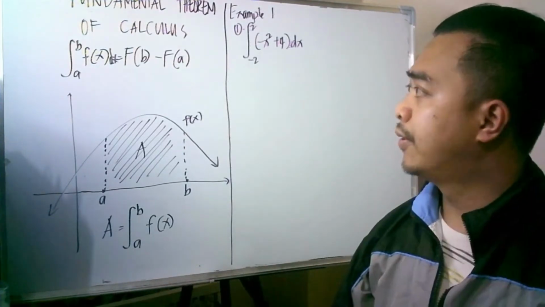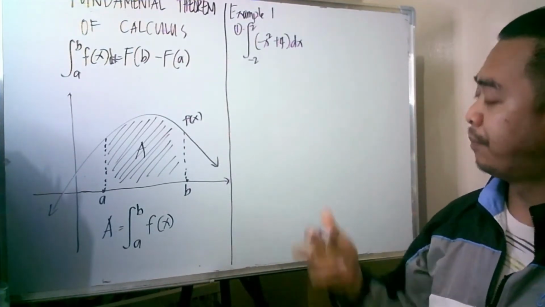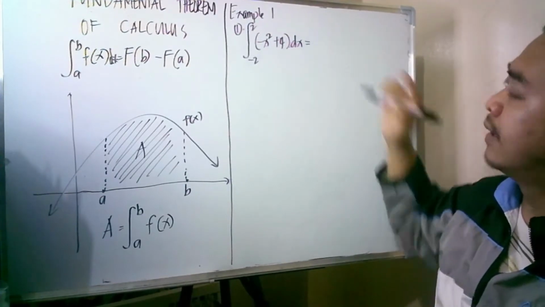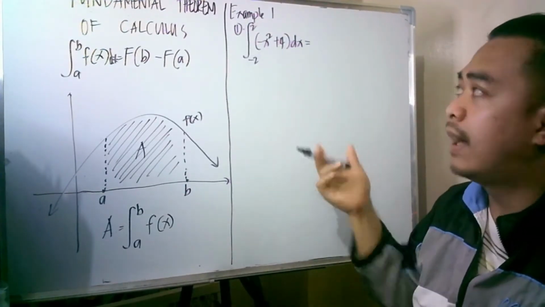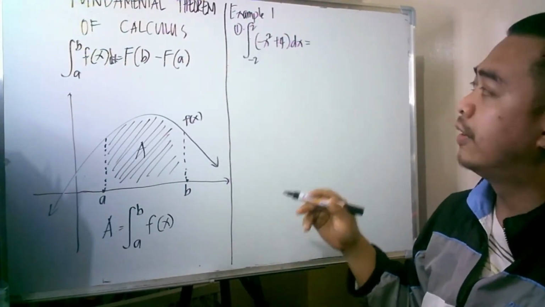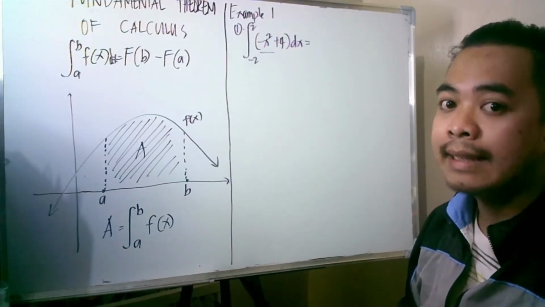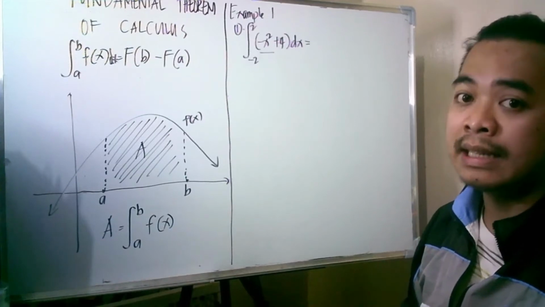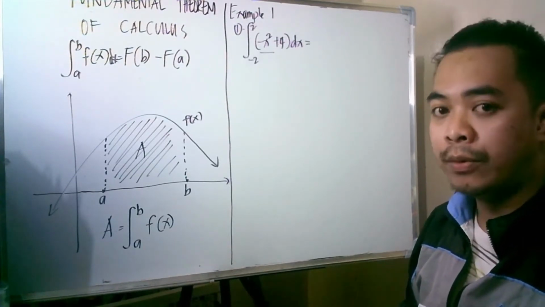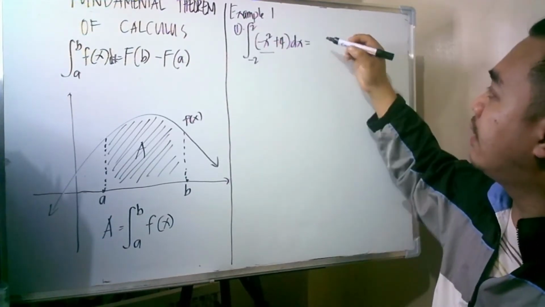Alright. So how do we compute now? The first step is to integrate. So walang naiba kasi we are still doing an integration. Definite nga lang. So we have to integrate negative x squared, and we can do that easily using the power rule. So how do we integrate again?